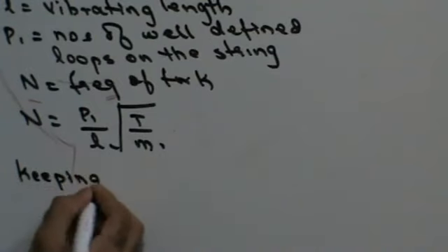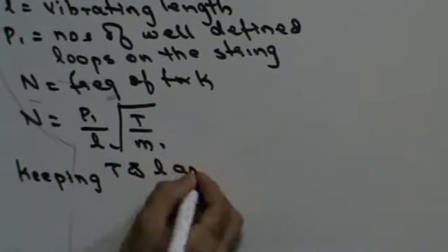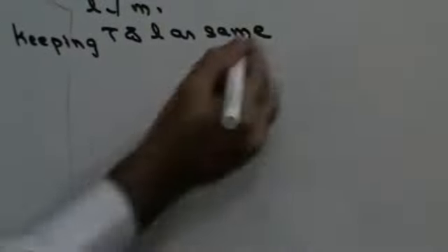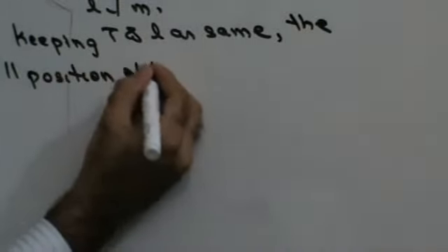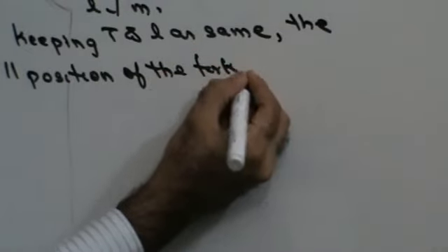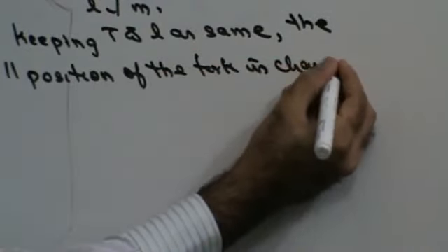Now keeping T and L the same, let us assume that we change the position. The parallel position of the fork is changed to perpendicular position.